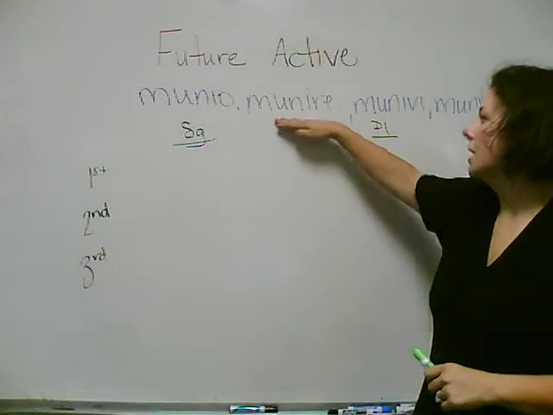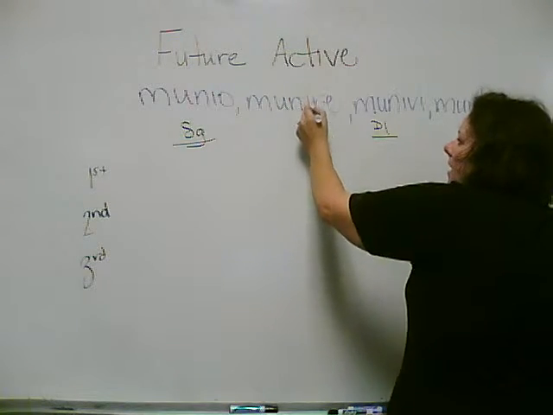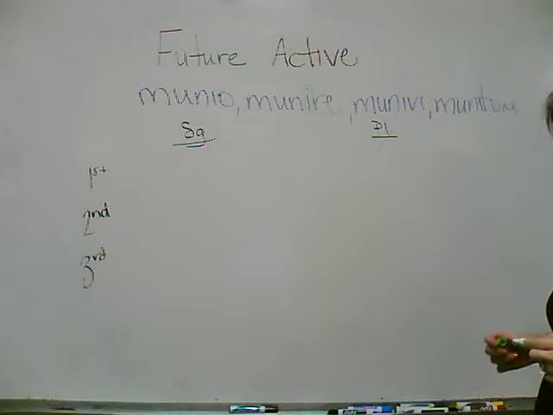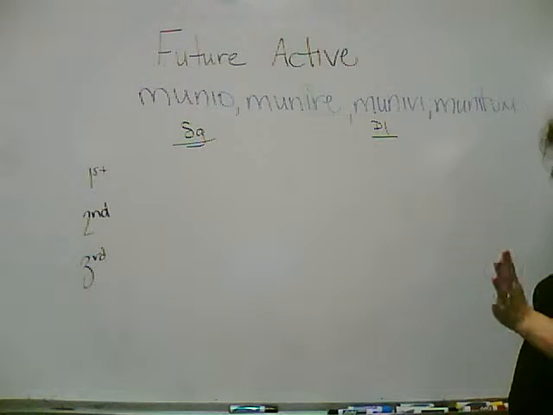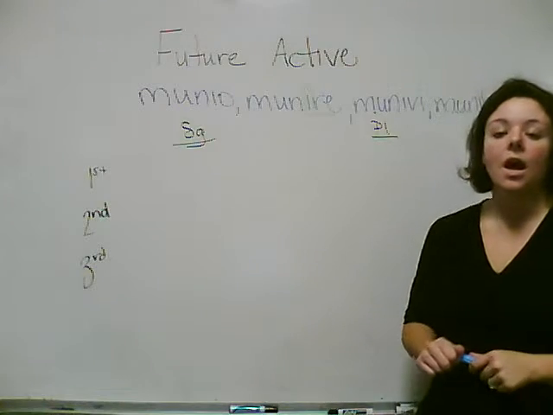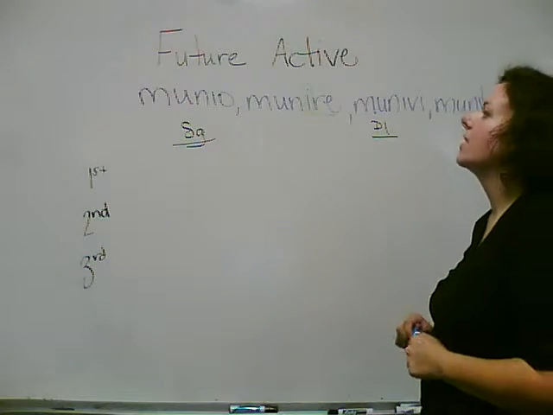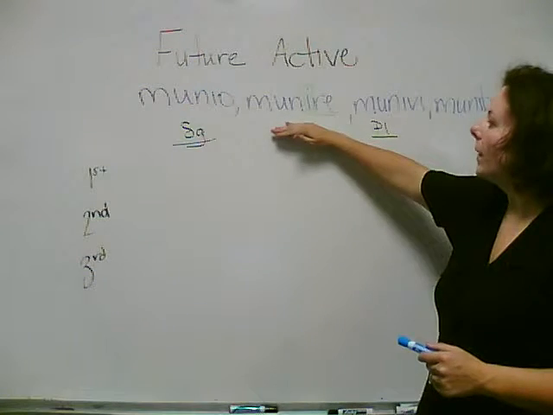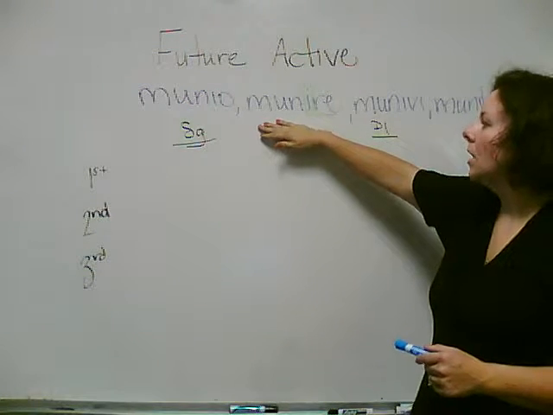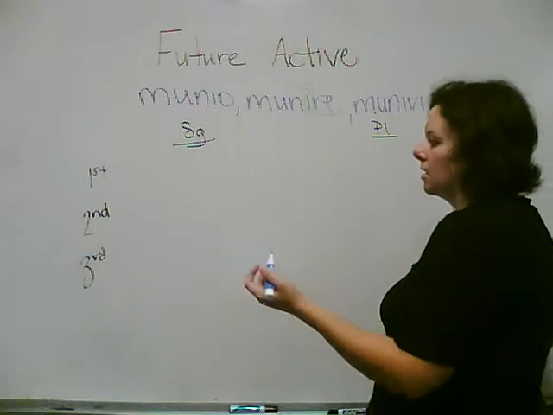First of all, second principal part, we have an IRE, this I, that shows us that we are in fact dealing with a fourth conjugation verb, which is what we want, right? Because we're doing third IO and fourth, and they always have to marry each other. So we have to chop off the RE, so that's going to leave us with muni.